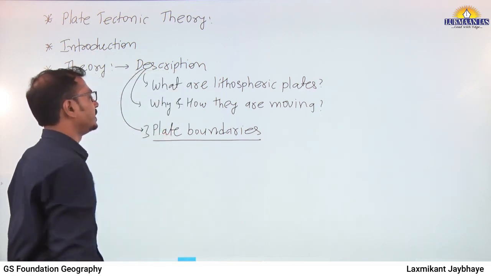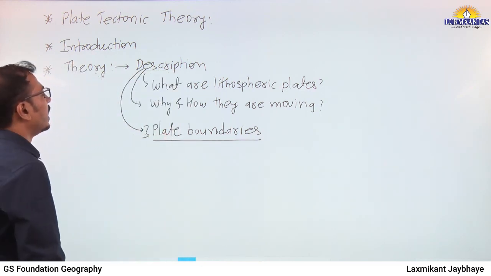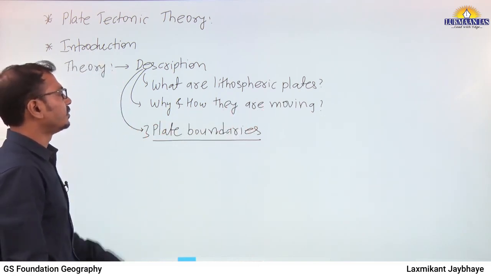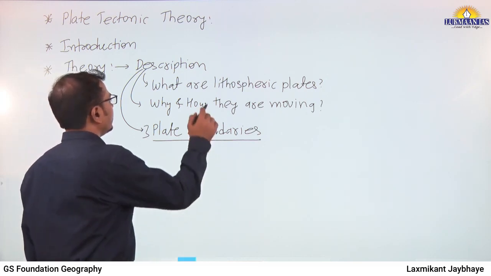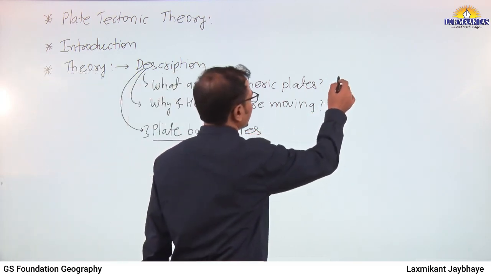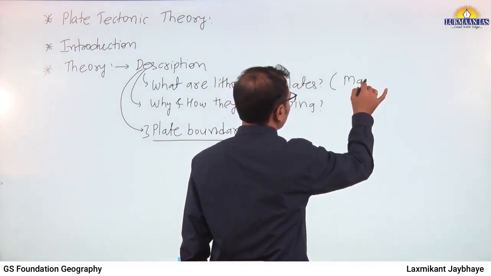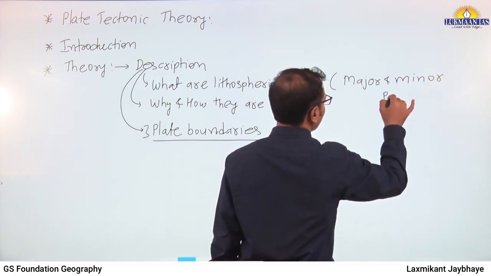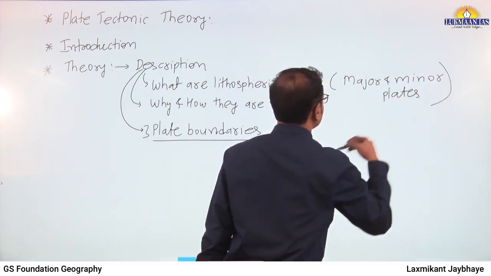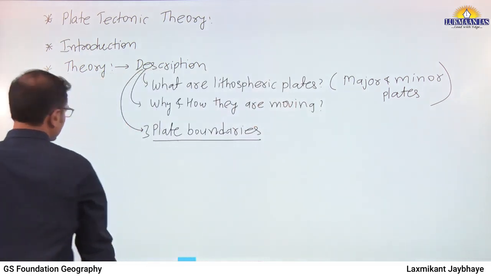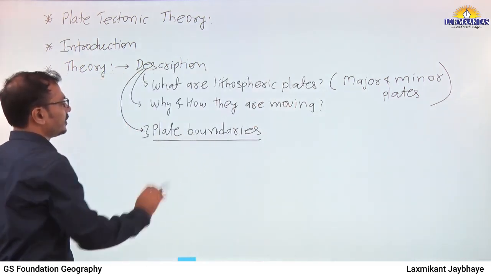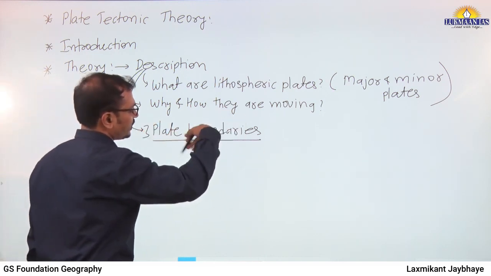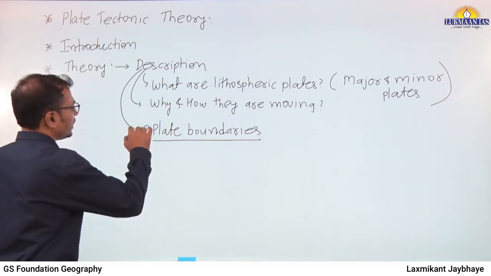Three types of plate boundaries are created because of movement of these plates. Okay, what are different lithospheric plates? And then here itself we will try to know which are major and minor plates in the world on the Earth's surface. And finally, three plate boundaries and their interaction. Okay, so that becomes part of the next session itself, but we will include it here.